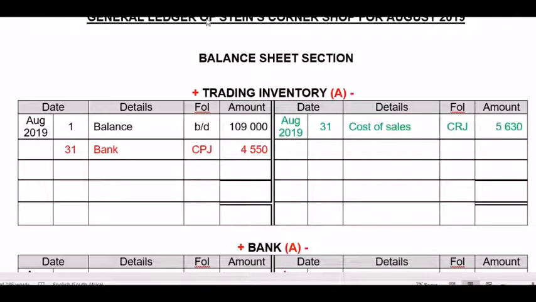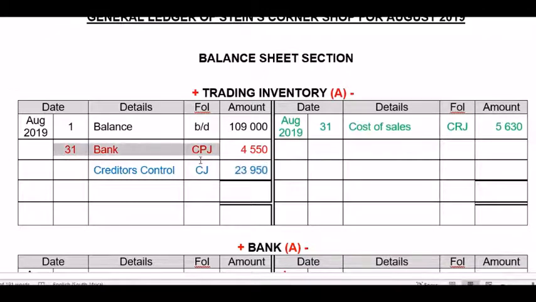And if you look at the trading inventory account, it increases on the debit side. But now, because we bought it without paying, we owe more money. Therefore, the details is creditors control. And the journal we're busy with is the CJ. The value of the stock that we bought on account was 23,950 Rand.